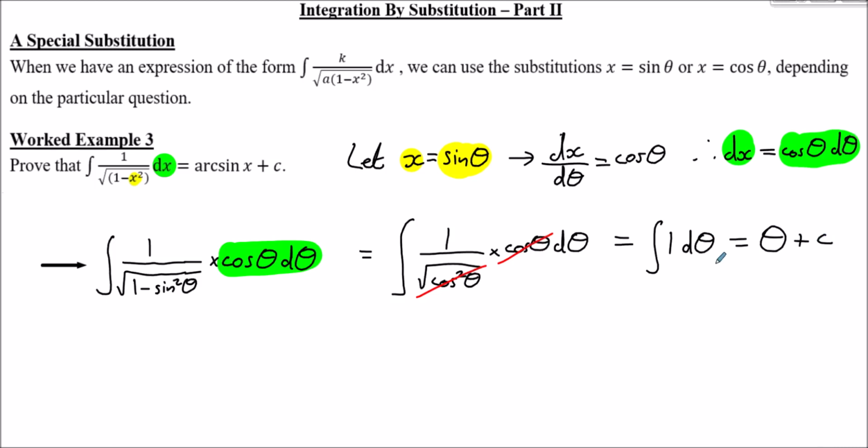Then we need to remember what we actually did in the first place, because theta certainly isn't the same as arc sine x. So now we just say, but we said x is sine theta. So therefore, doing sine minus 1, as you say in GCSE, what we say in A-level is arc sine. So theta is going to be sine minus 1 x, which in terms of A-level speak is arc sine x.